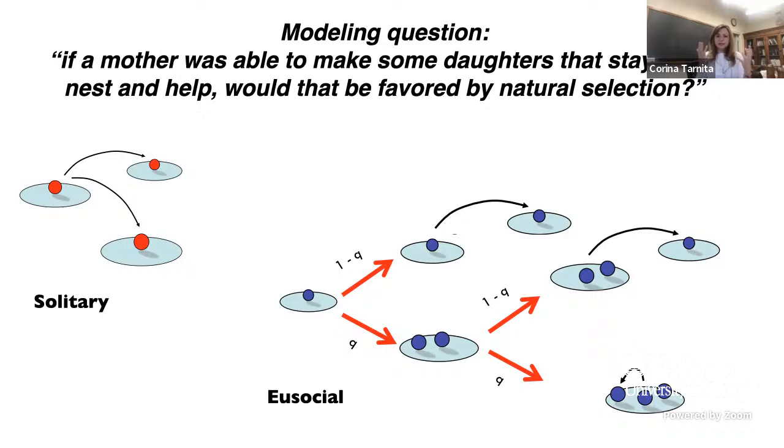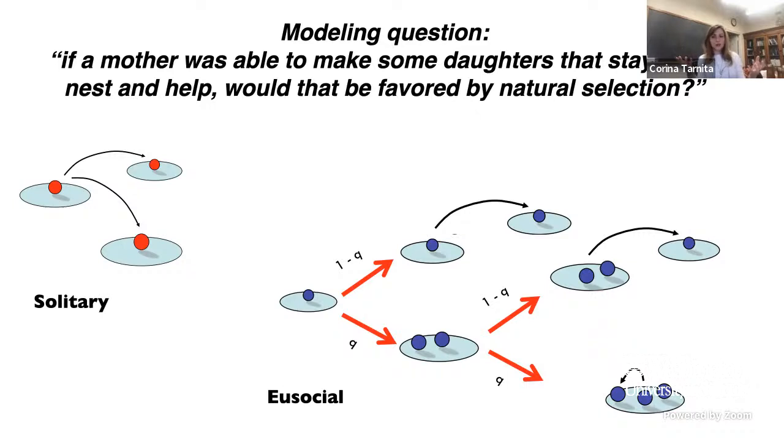Now, these two different lifestyles would have coexisted. Again, it's the same idea that probably the eusocial mom is not very different from the solitary one. It's probably still eating the same things, and eaten by the same things. It lives in the same area, so they are competing for space. So the way we modeled this is basically as a competitive exclusion.